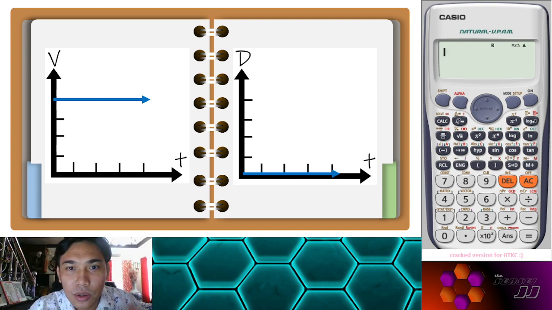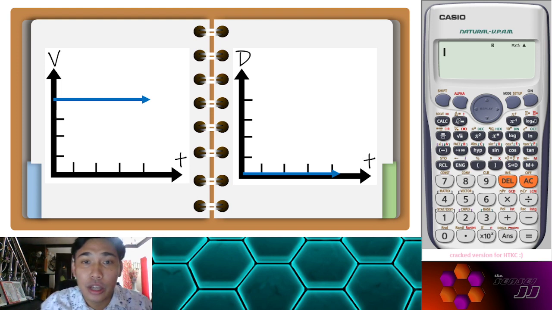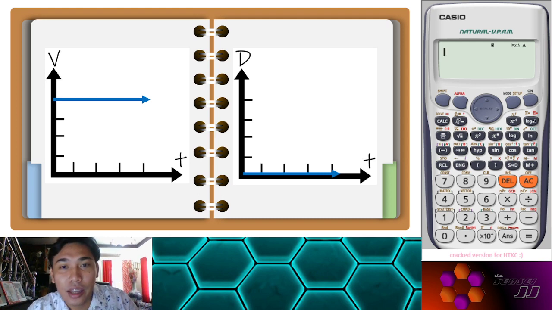Okay. So as you can see, our object is at rest, so it doesn't move since the start. It's at the distance measured at zero, and it hasn't moved since. So that is also an object at rest.